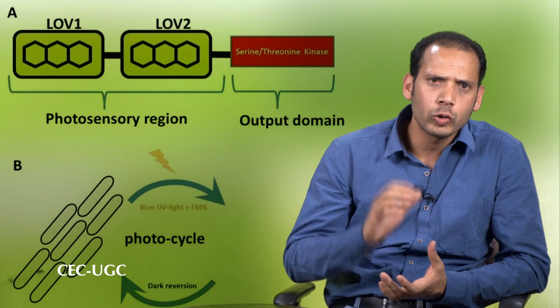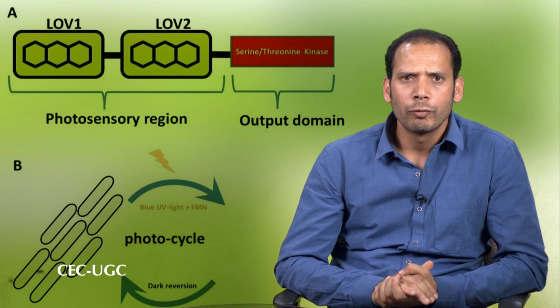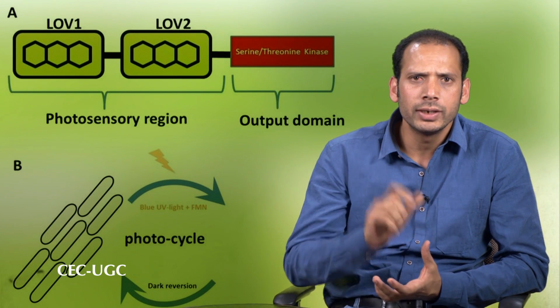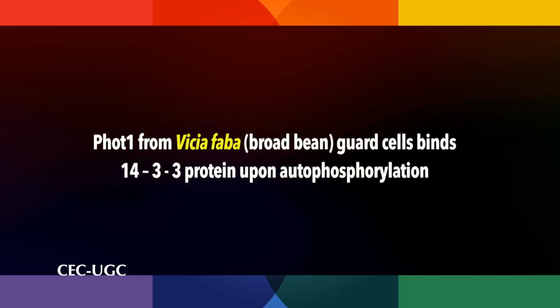14-3-3 protein belongs to a highly conserved protein family that typically bind to phosphorylated target proteins and regulate signaling in eukaryotic cells. Similarly, Phot1 from Vicia faba broad bean root tips and guard cells binds to a 14-3-3 protein upon autophosphorylation.